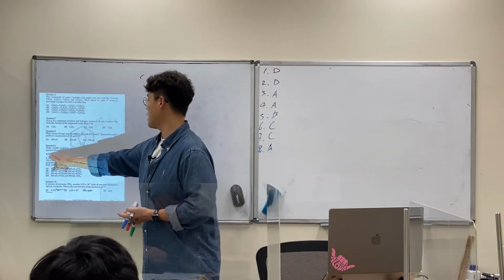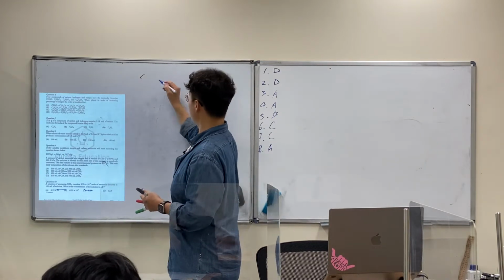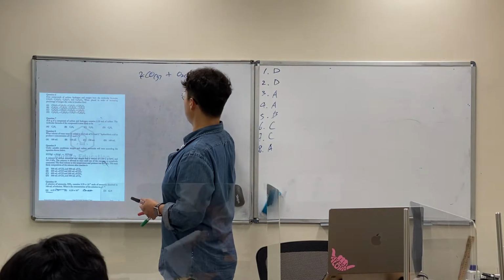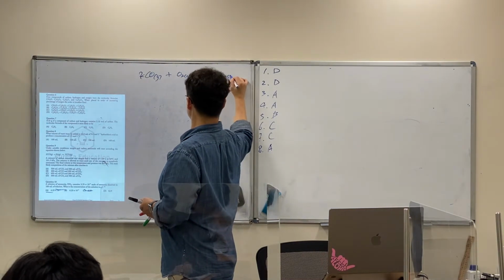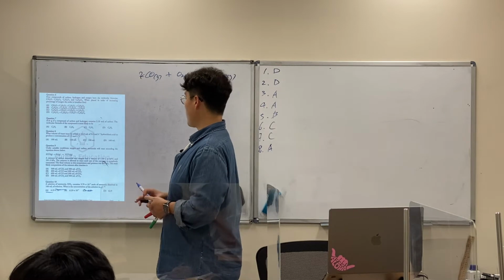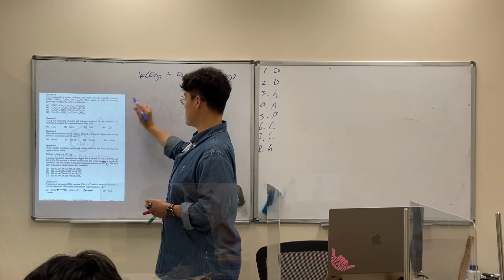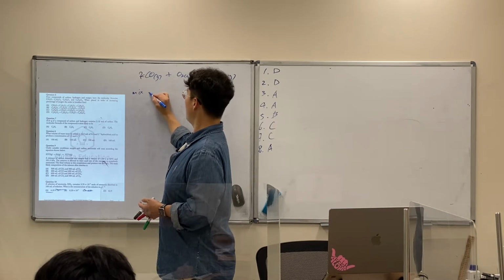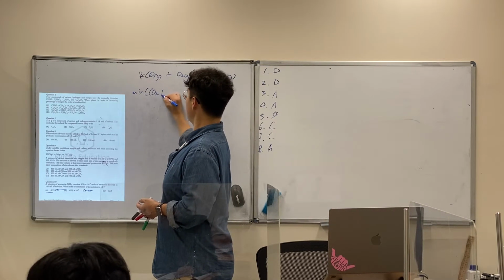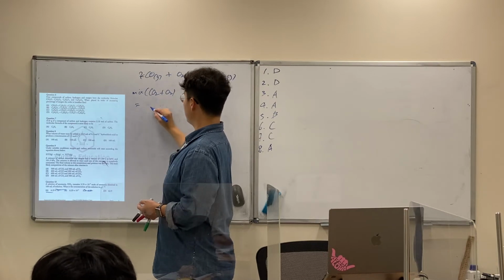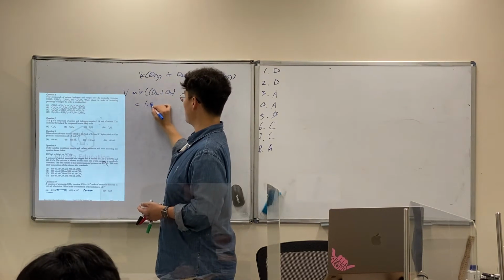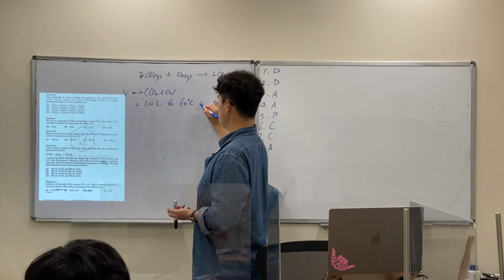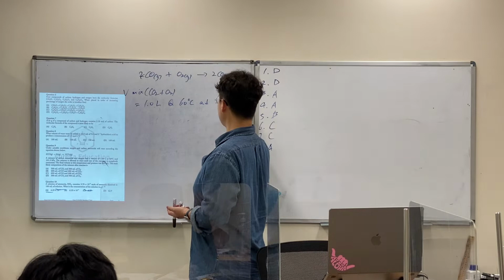So we have some conditions given, 2CO, I just copied that down. 2CO, carbon monoxide, reacting with oxygen to become 2CO2. Alright, so we have a mixture of carbon monoxide and oxygen with a volume of 1 liter. The volume of this is given as 1.0 liter at 60 degrees Celsius and 101.3 kilopascals.